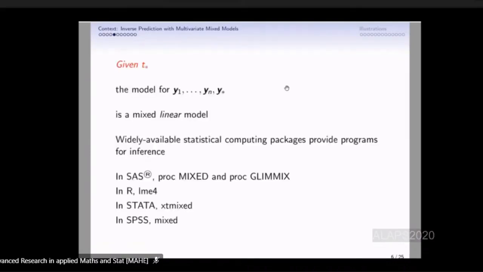However, given T star, for a fixed known T star, we just have n+1 observations at known ages, T1 through Tn and T star. And that, in terms of the parameters for the mean vector and the variance covariance matrix, is a linear mixed model. So the statistical computing packages that exist can be used directly if we can adapt the syntax to this particular set.